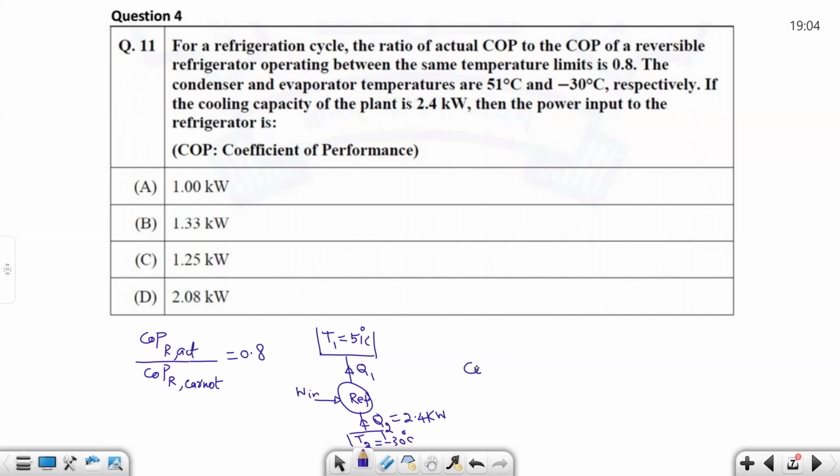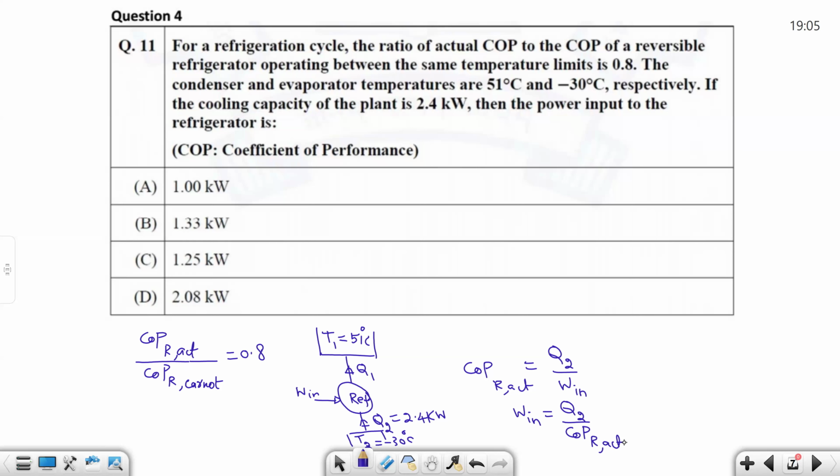So now the COP of refrigerator actual is cooling capacity by work input. Cooling capacity is there. So what is asked is the power input. So work input is equal to Q2 by COP of refrigerator actual.